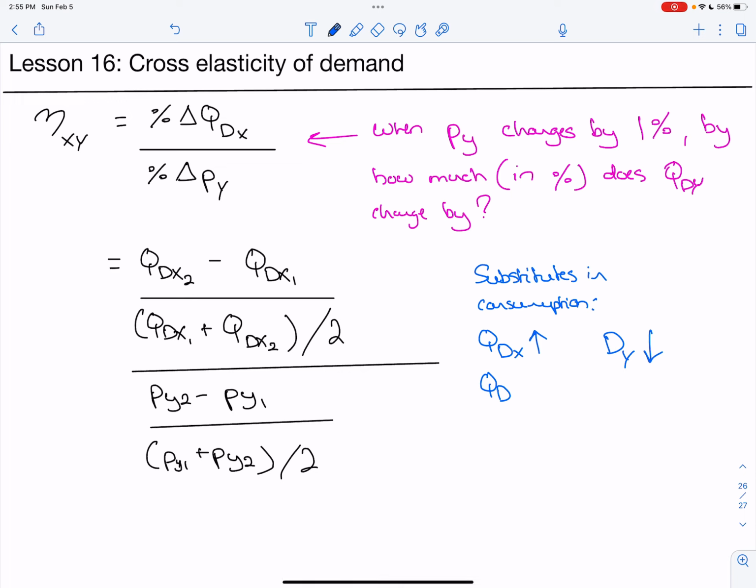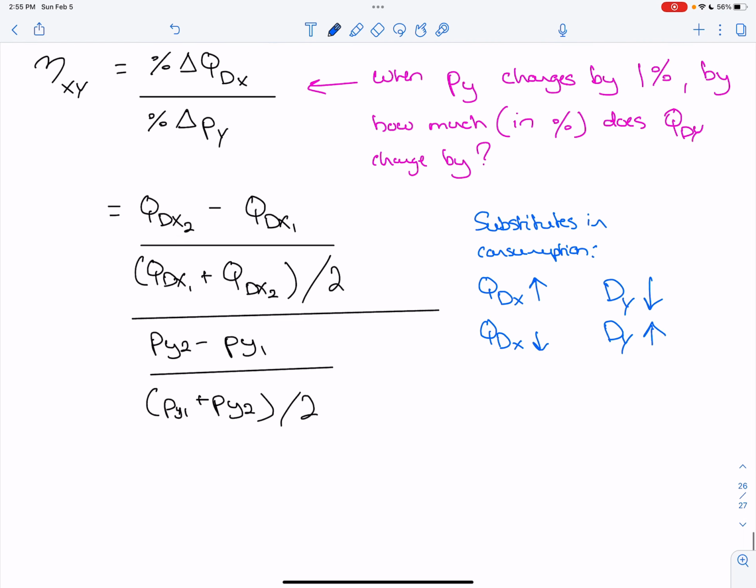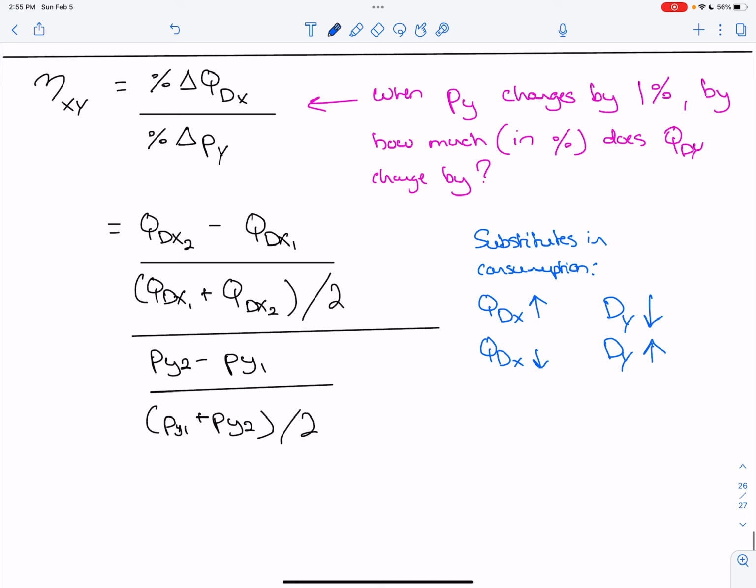When the quantity demanded of X goes down, then the demand for the other good goes up. In other words, consumers either consume one or the other. They replace one by the other. They're substitutes.